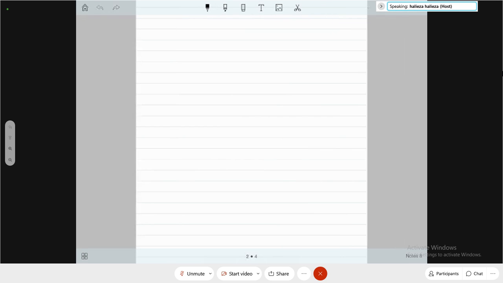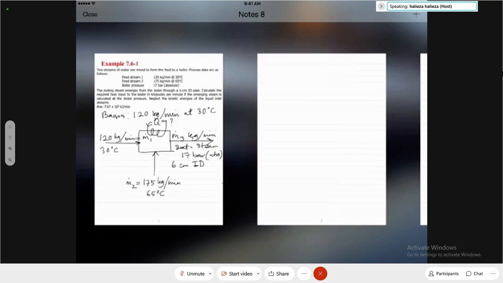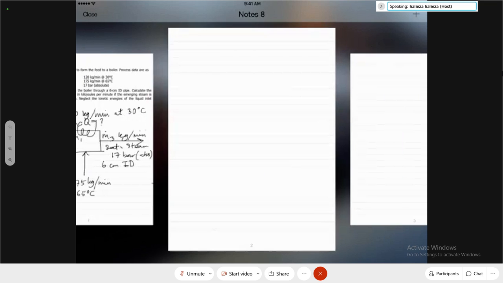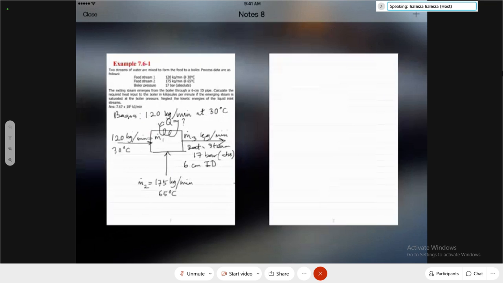You guys have your diagram there. How to get the equation, please? M1 plus M2 equals M3.